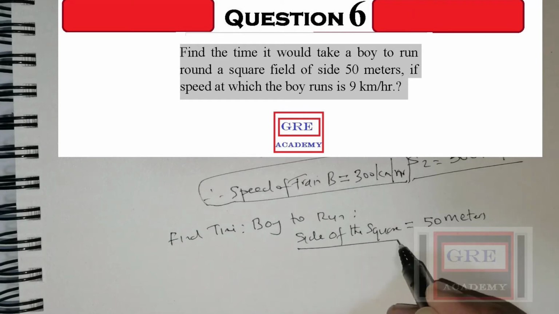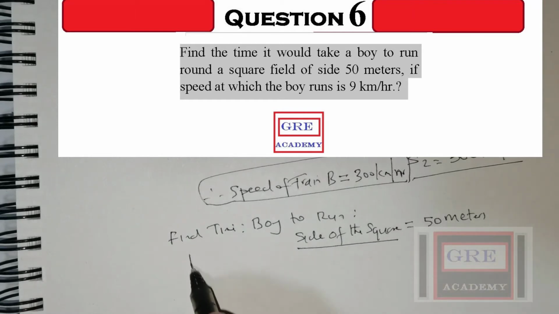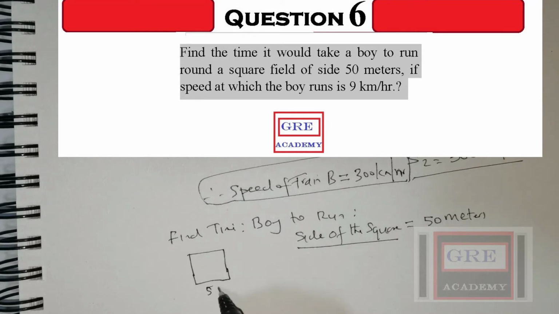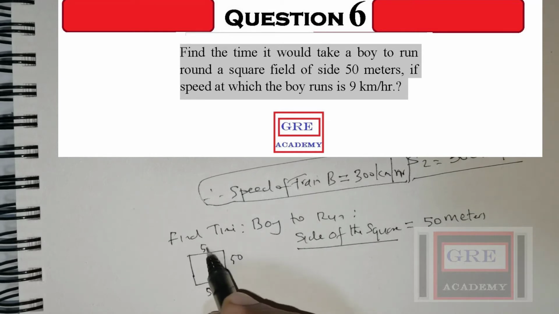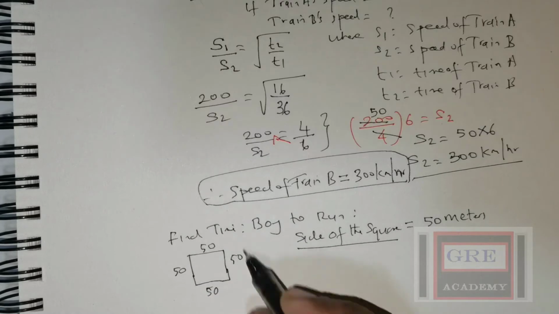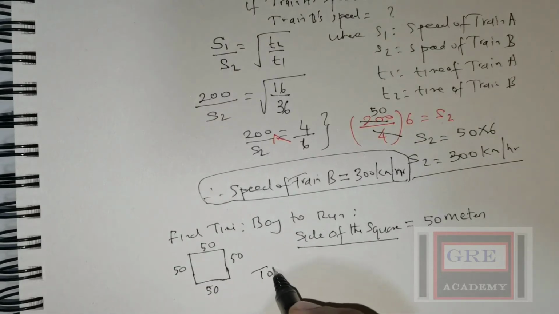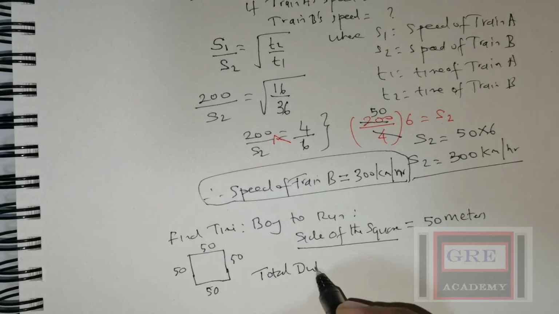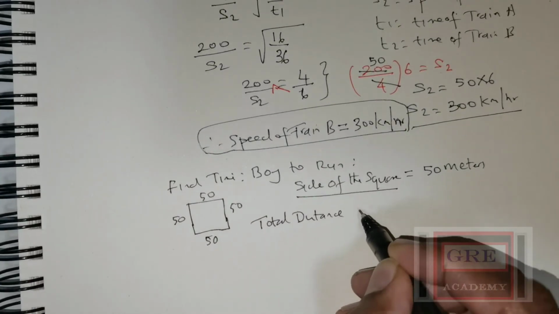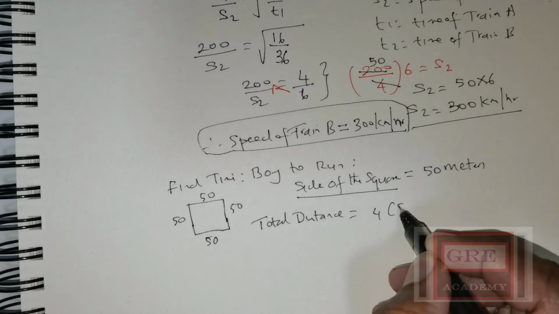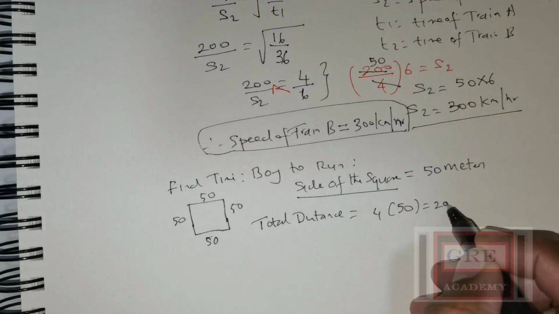This is the side of the square, and when they say 50 meters, it means 50, 50, 50, 50. All the four sides are 50. So the total distance that the boy is running is actually 4 times 50, which is 200 meters.